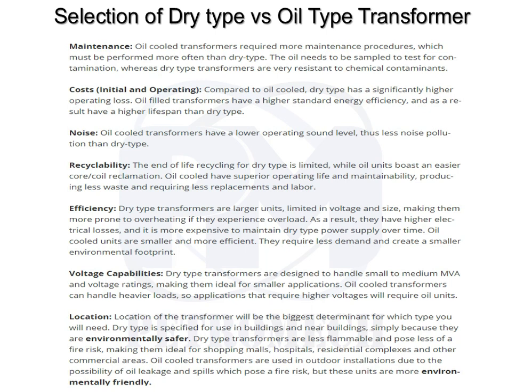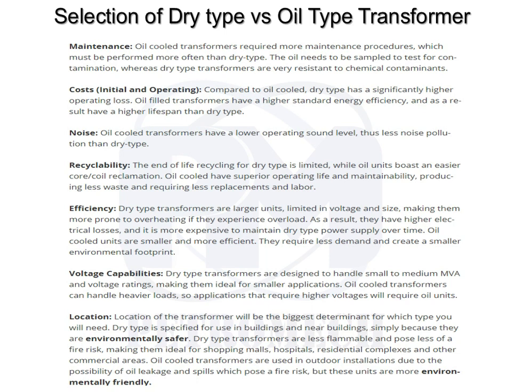While you are selecting the transformer bay in the plot plan, please check the footprint based on the vendor document or the catalog. For a higher rating transformer, let's say more than 3 MVA, 5 MVA or something, you have to look at the footprint of oil type versus dry type.